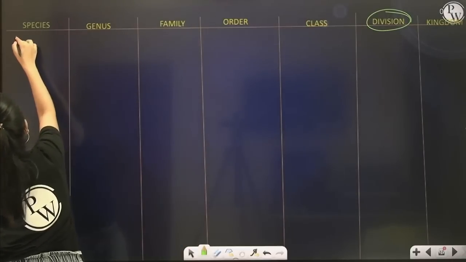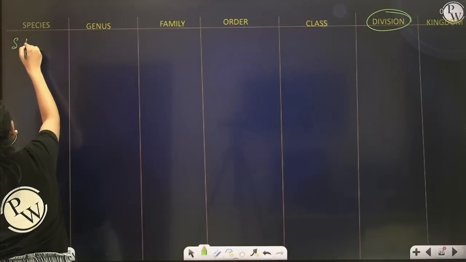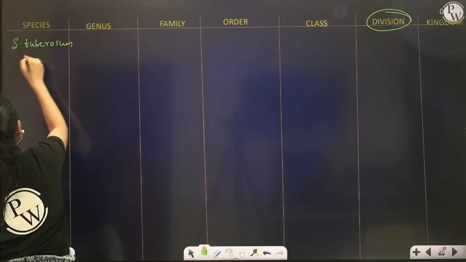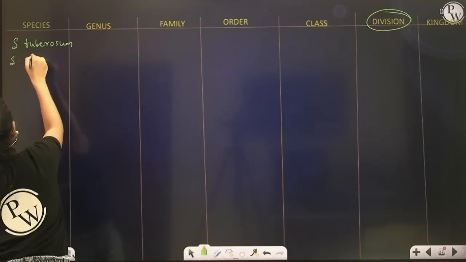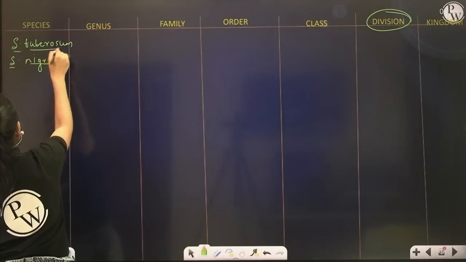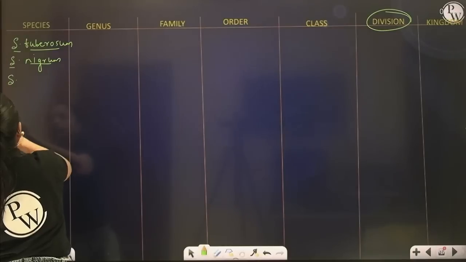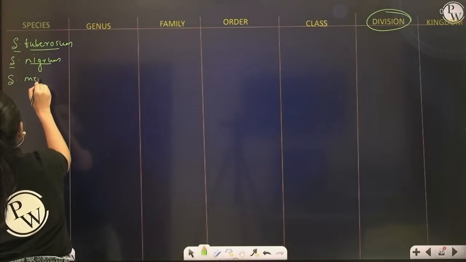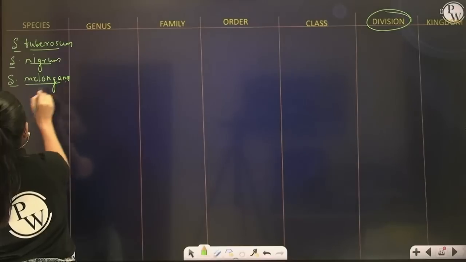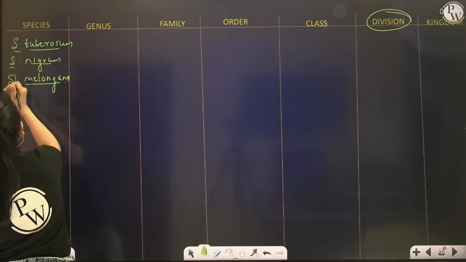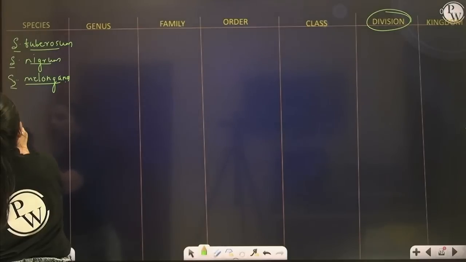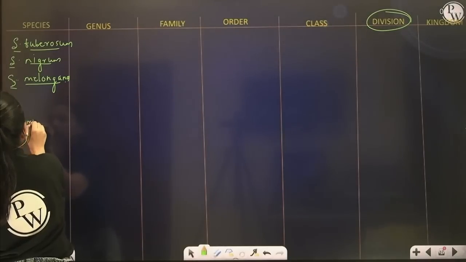Okay, so first I have Solanum tuberosum. Next species, Solanum nigrum. Third, Solanum melongena, brinjal. Next, Ipomoea batatas.